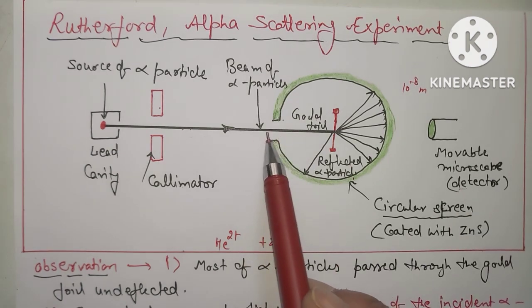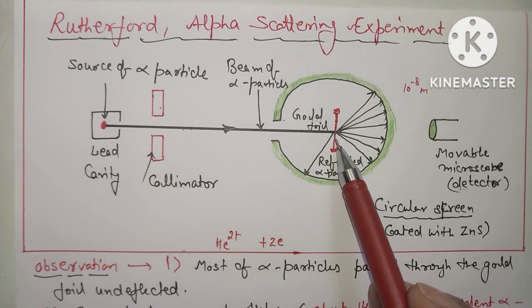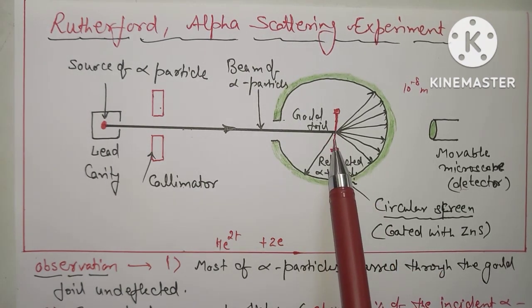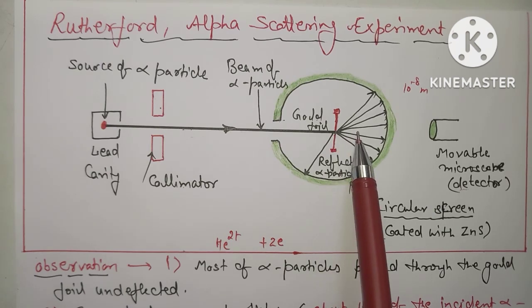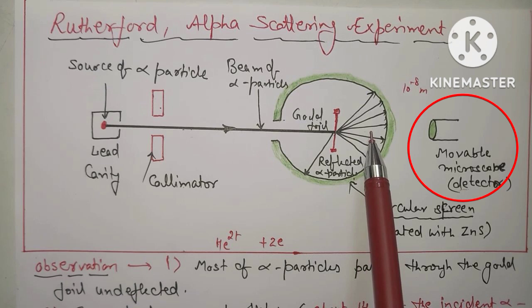Rutherford observed that when a beam of alpha particles falls on the gold foil, most of the alpha particles pass through the gold foil undeflected. When these alpha particles strike the screen, a flash of light appears, and Rutherford observed this flash through the movable microscope.